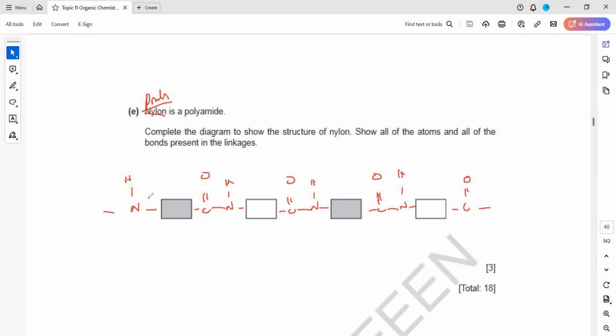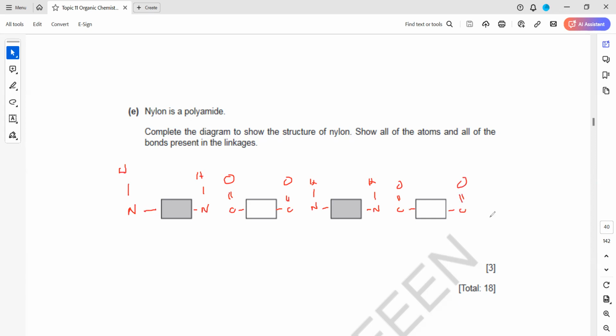But because nylon is made from a diamine and a dicarboxylic acid, we should make amine on both sides for one molecule, and for another molecule carboxylic acid on both sides. And we just link them together, which will be nylon.